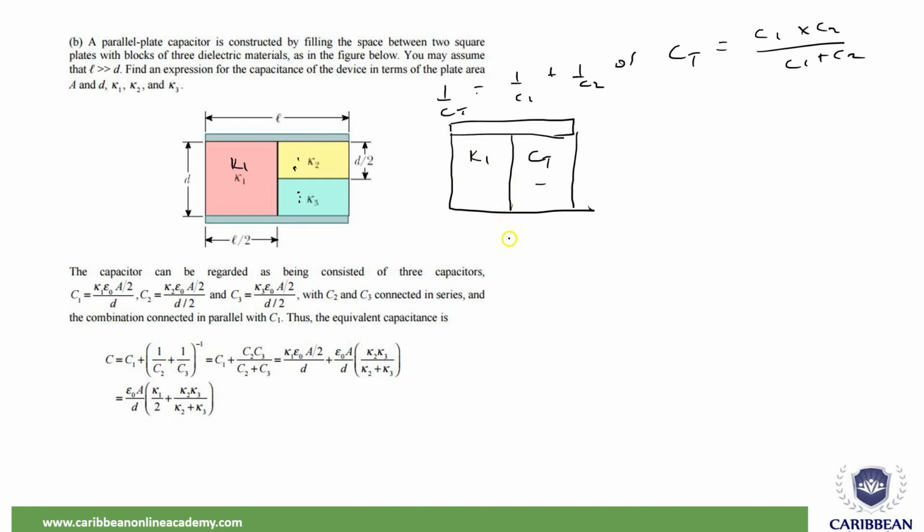We know that to find the capacitance for capacitors in parallel, you would have to add them up. So the total capacitance is going to be C1 plus C2, similar to what you would have had right here. You understand? So that's how you would have to consider that. But you also have to remember that in this case, the distance of separation is D divided by 2. So that's just something to take note of.